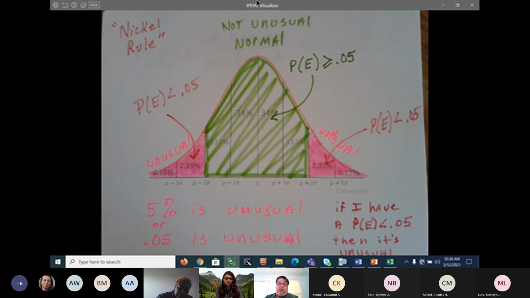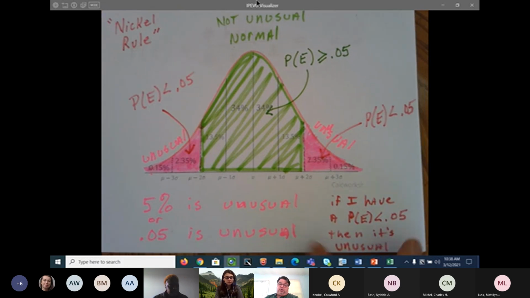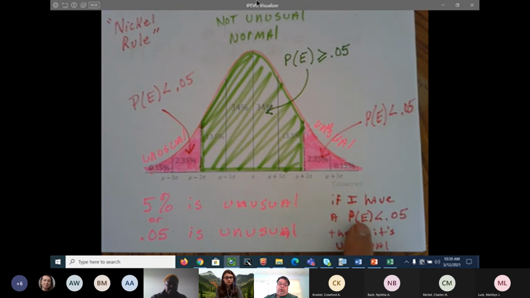If it comes out to be 0.013, well, that's 1 cent. Is 1 cent greater than a nickel? No, so it's in the pink. Okay, that's what that means. So please make sure this rule right here is what you need to remember. If your probability is less than a nickel, then it's unusual.